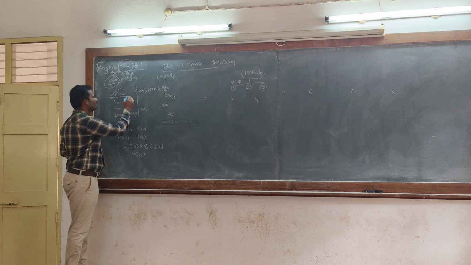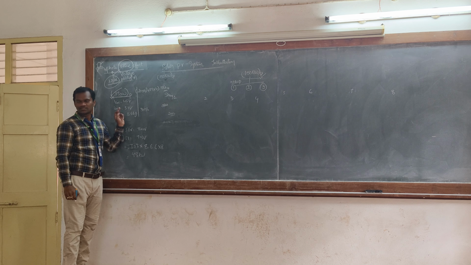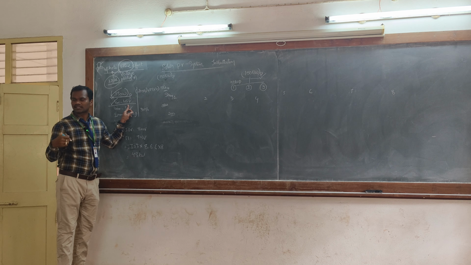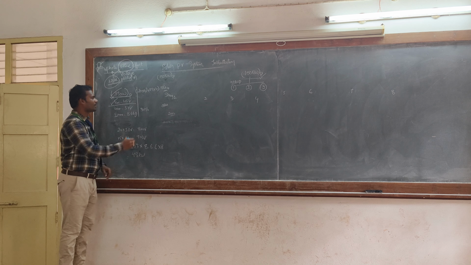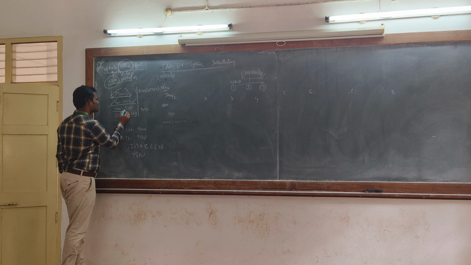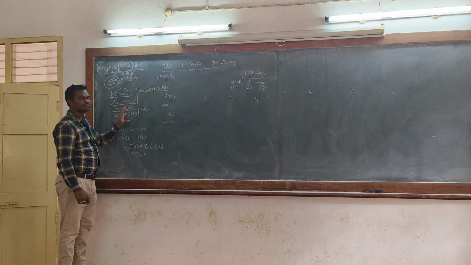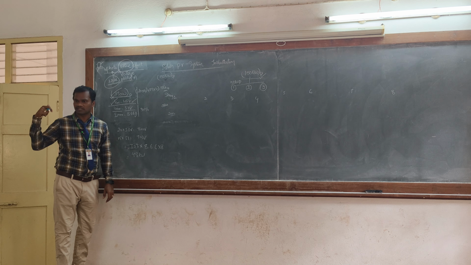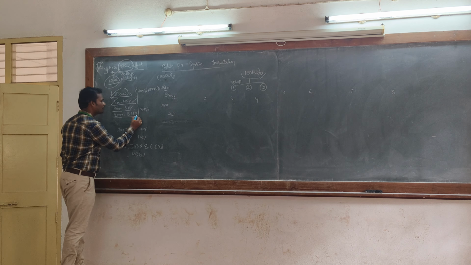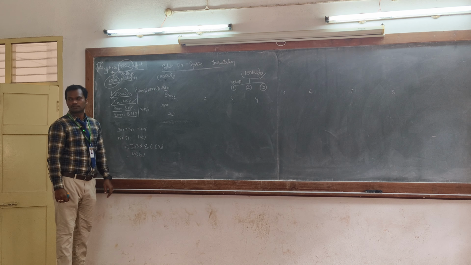The first panel rating is the open circuit voltage: when you are not connecting the load, the voltage developed by the solar panel is 45 volts. The maximum voltage developed is 37 volts. These nameplate details are printed at the back of your solar panel, which we will demonstrate at the top of the building. Next, we have the maximum current as 8.66 amperes. These are the specifications of the solar panel.